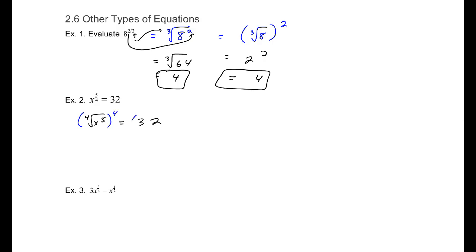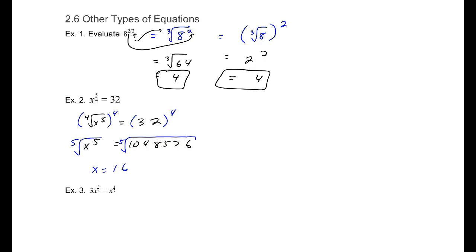That will counteract my 4th root, and that'll be x to the 5th equals 1048576. Then I can take the 5th root of both sides. The 5th root of that is 16. So x equals 16.